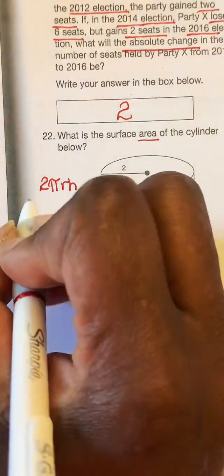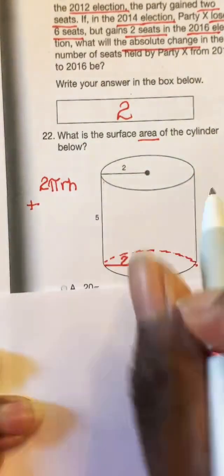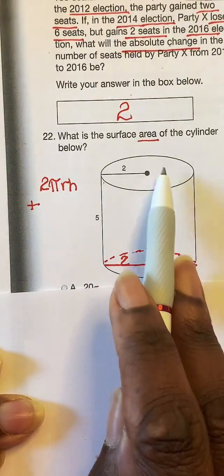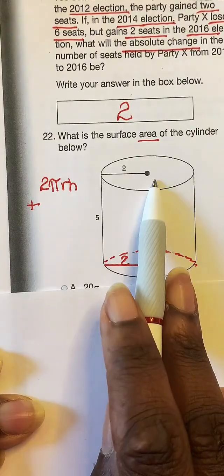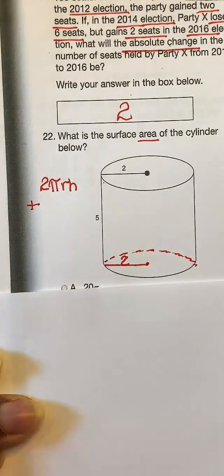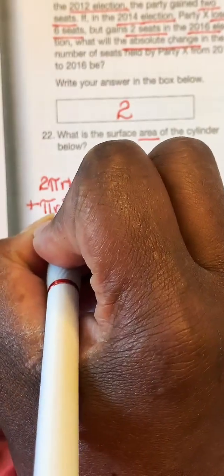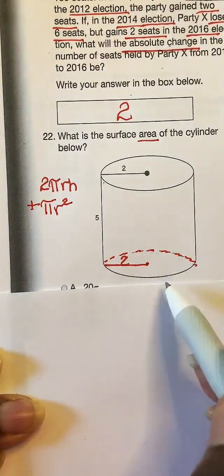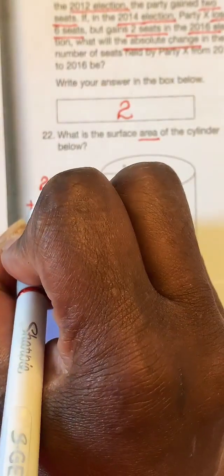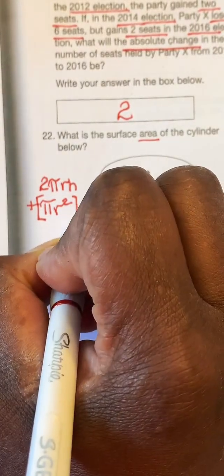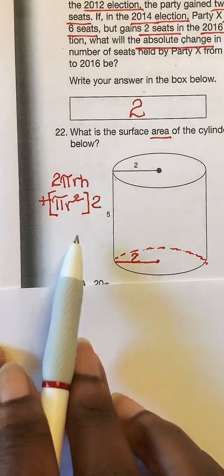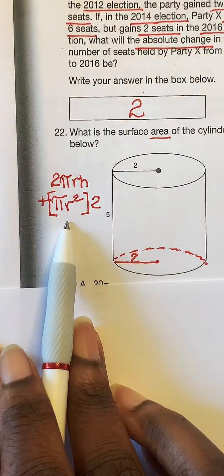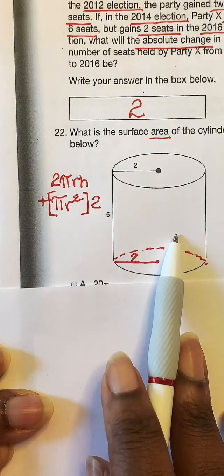But we need to incorporate the area of our two bases, our top and bottom. This is a circle. The area of the circle is pi r squared. And since there's two of them, we're going to multiply that by 2. So this is basically the formula for the surface area of a cylinder.